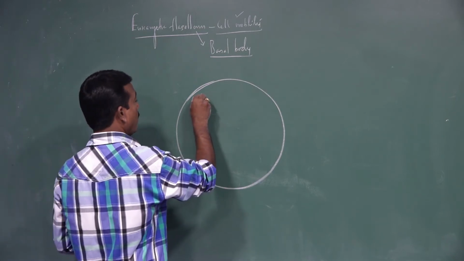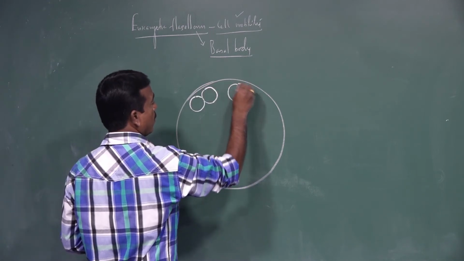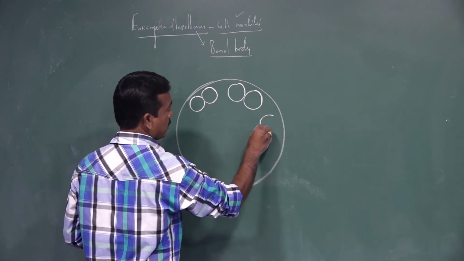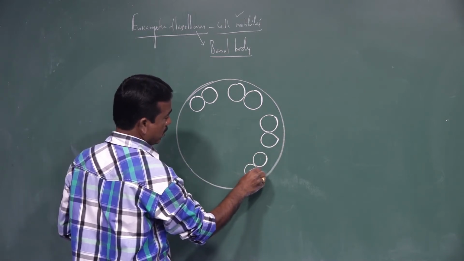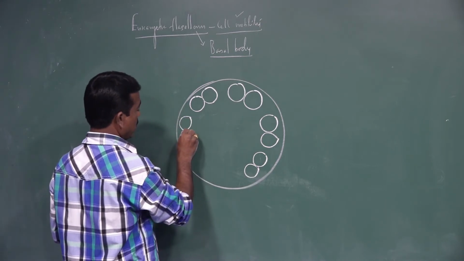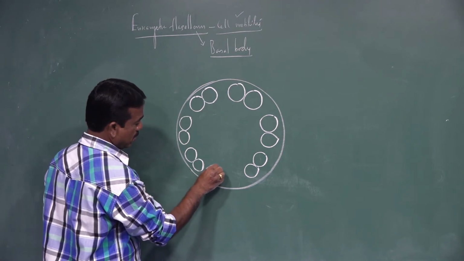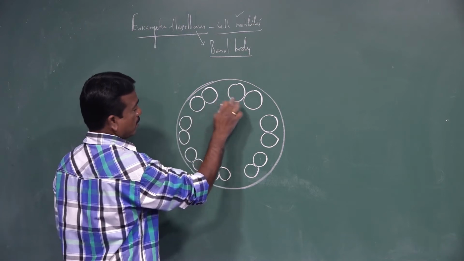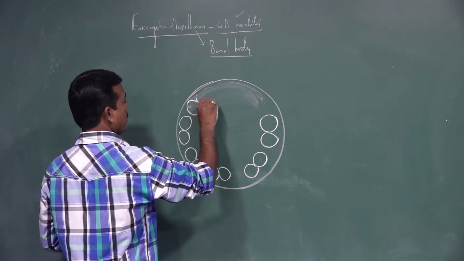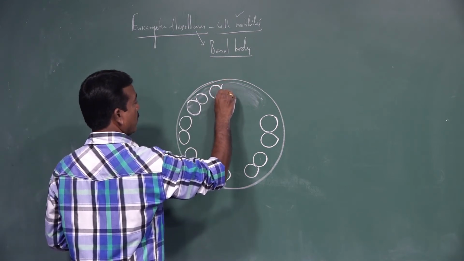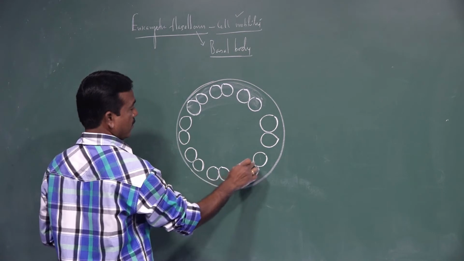they possess nine pairs of tubules. For the structure, it consists of one, two, three, four, five, six, seven, eight.